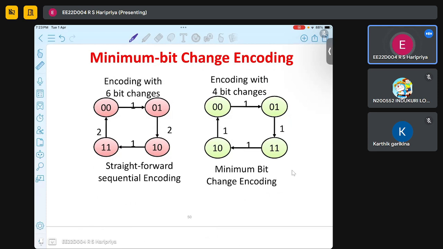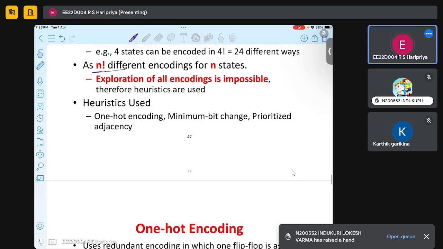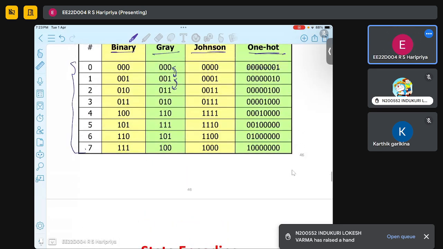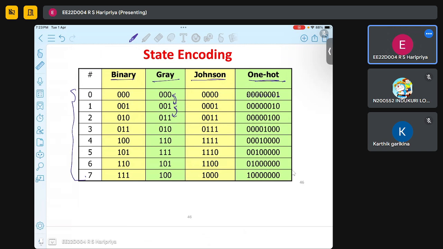We want minimum bit change in coding. So if you have a Johnson counter, say 4 bit.